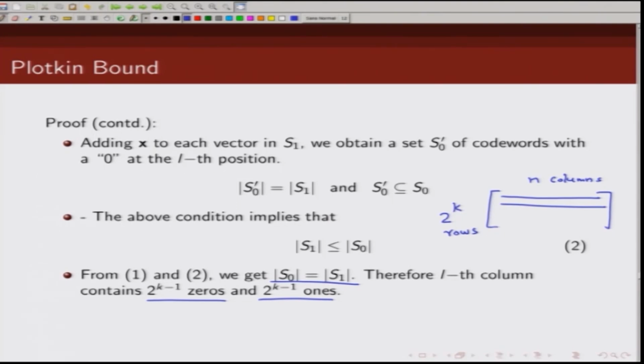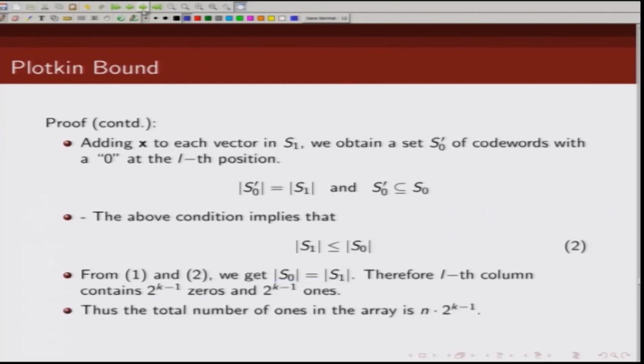So what we have shown is that each column will have 2^(k-1) zeros and 2^(k-1) ones, and there are a total of n such columns. So, total number of ones is how much? n times 2^(k-1). So, what we have shown so far is that the number of ones in this array is n into 2 raised to power k minus 1.